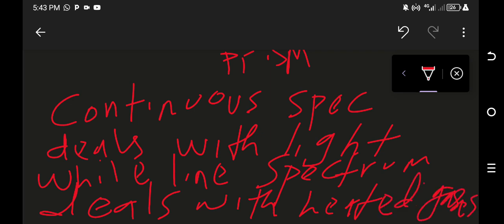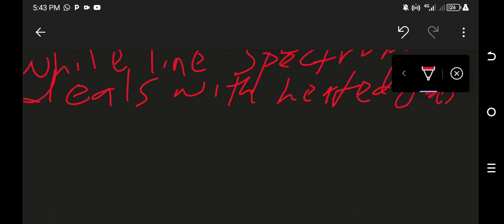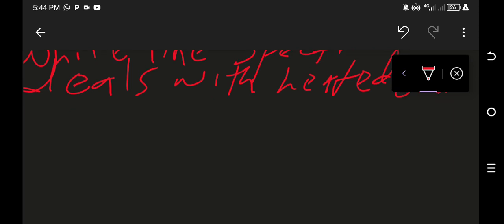The other one, which you can add by yourself, is that in continuous spectrum, the bands of colors are continuous. There are no spaces in between the colors, so they are all mixed. When one color ends, another color starts. So that's the difference.